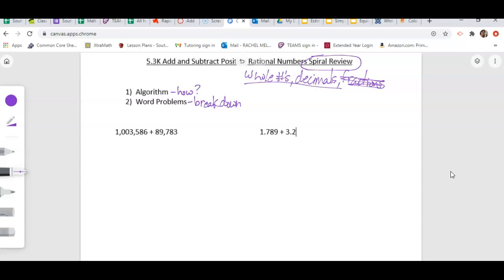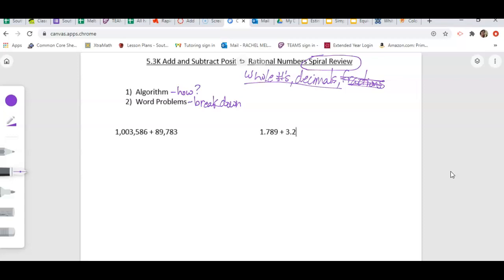Guys, these both work together. You cannot be successful with this particular TEK if you don't know how to do both. I can teach you how to add or subtract whole numbers and decimals, but if you can't look at a word problem and break it down and figure out that that's what you're supposed to do, then it doesn't matter. And vice versa. I can teach you how to break down the word problem, but if you don't know how to actually add and subtract, then it doesn't help you.